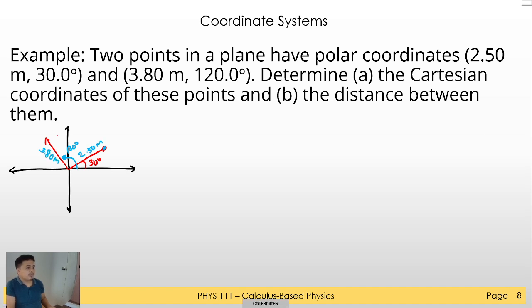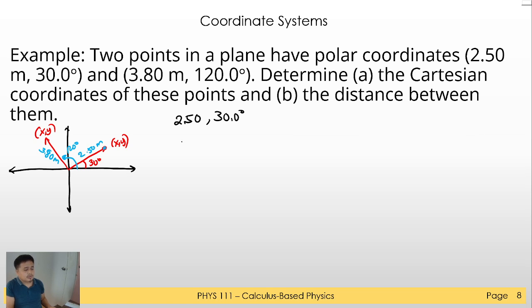Alright. So we want to find the coordinates x, y and their distance. To find the distance, we want to first find the Cartesian coordinates x, y. So let's solve for the first one, 2.5 and 30 degrees.